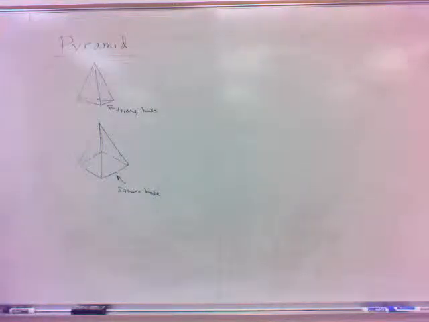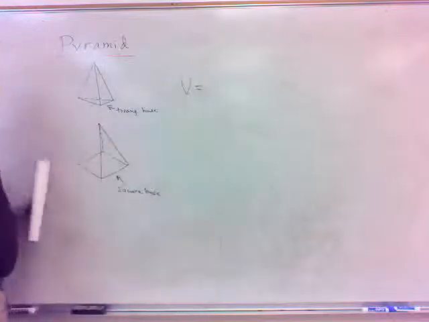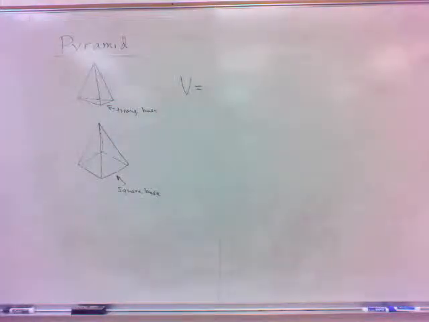Okay, so we run into the same difficulty with the pyramid as we do with the prism for the volume. You can't really write one down specifically, but let me mention this.